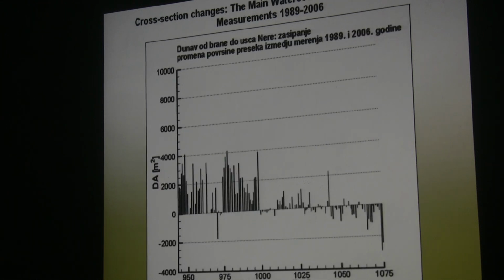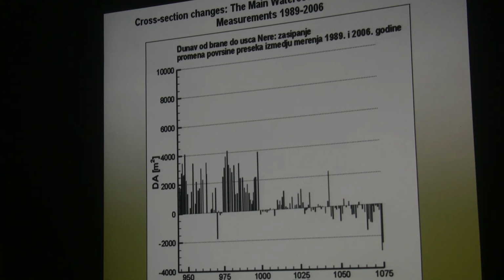They have a program that follows the life of the hydropower plant reservoir over more than 30 years. They have measurements of cross-sections every 5 or 6 years or so within that period. And from those measurements, we can extract changes.